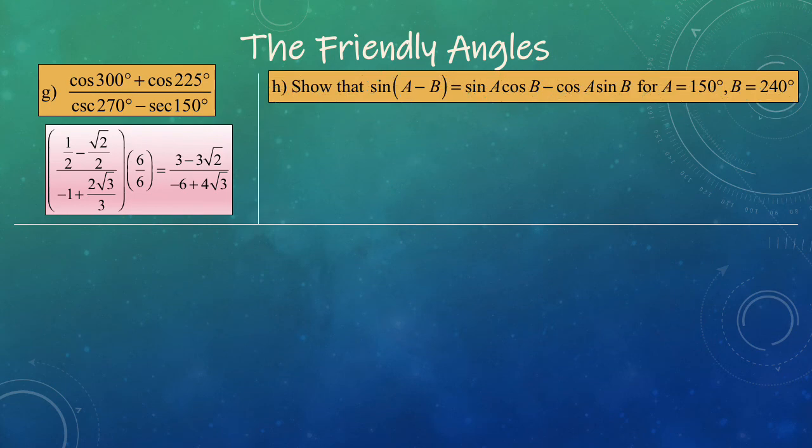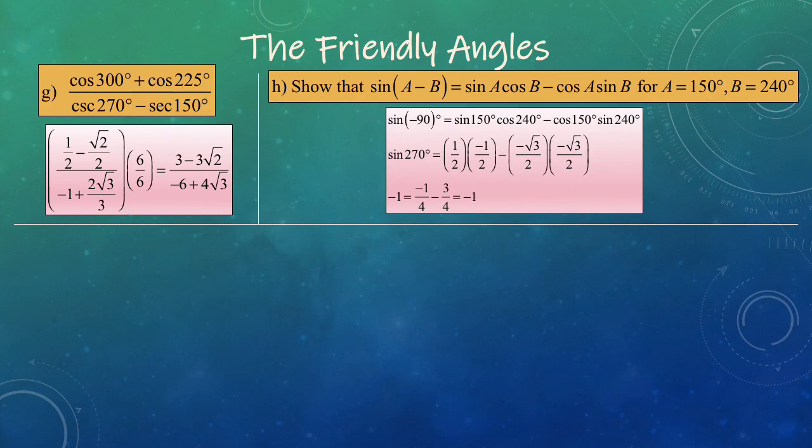H asks us to show that the sine of quantity A minus B is equal to sine A cosine B minus cosine A sine B when A is 150 degrees and B is 240 degrees. So we need to show that sine of negative 90 degrees is the same as sine of 150 degrees times cosine of 240 degrees, minus cosine of 150 degrees times sine of 240 degrees.